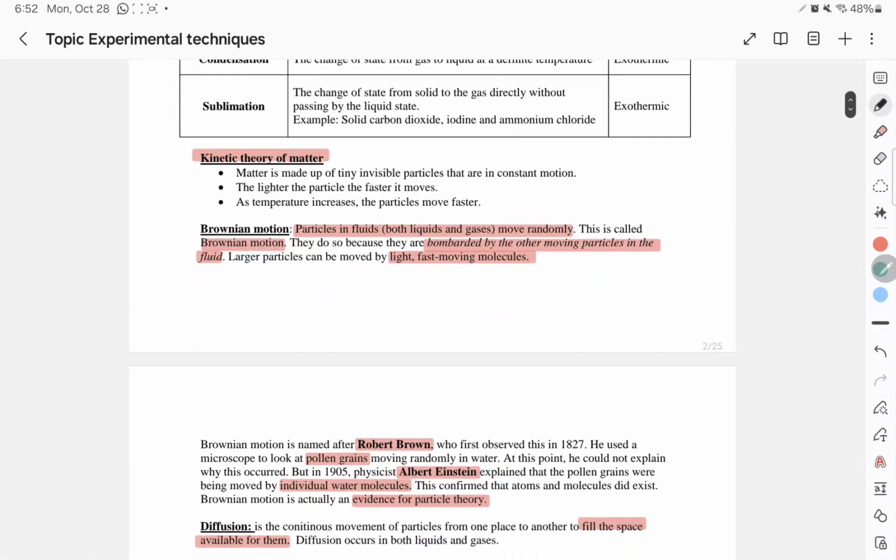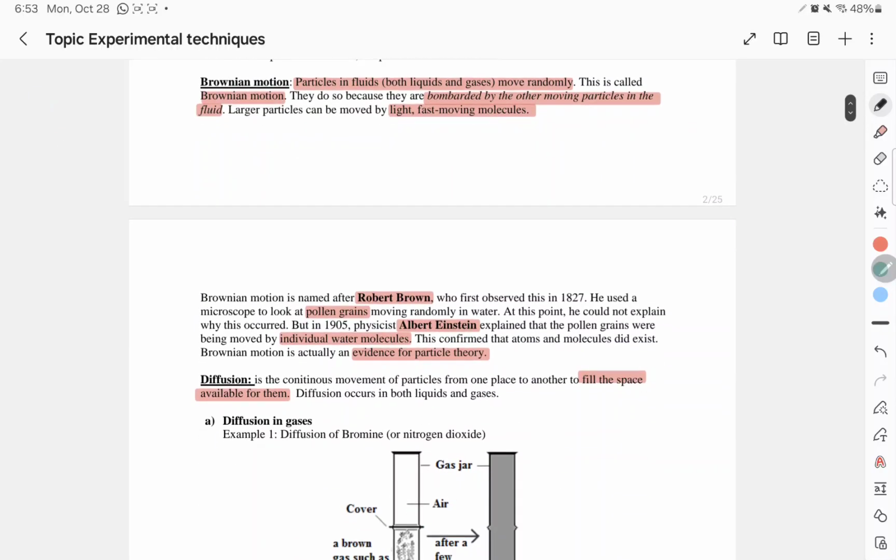Now kinetic theory, it just tells you that everything is made out of small particles that are in constant motion and they're invisible. And the lighter it is, the faster it moves. And when you increase temperature, they'll move faster. Logic. Now Brownian motion is the motion in fluids where they move randomly because they are bombarded by other moving particles in the fluid, which means like the other liquid molecules.